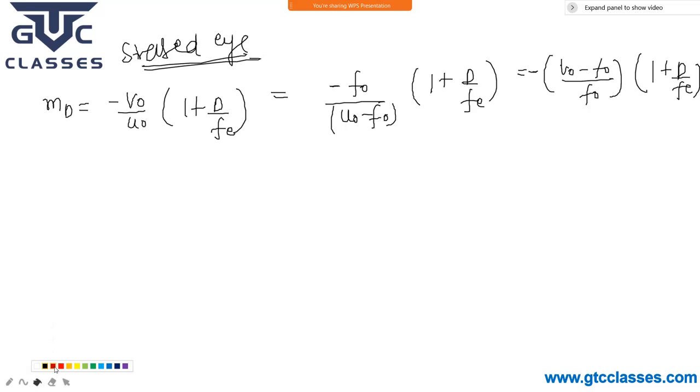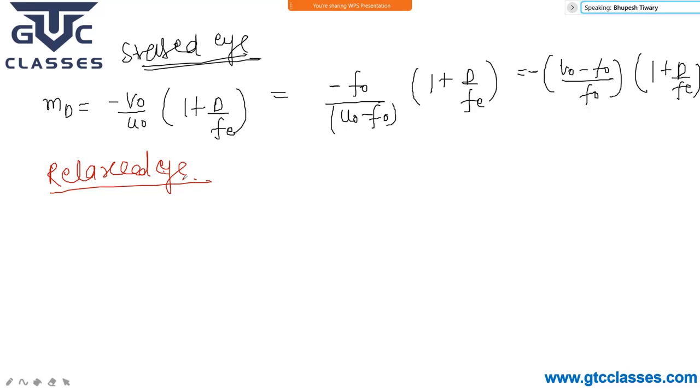Next comes the relaxed eye. Correct? What are the changes for the relaxed eye? Are you getting all this? What we are doing? Yes, sir. Any doubt, please do ask. Relaxed eye is nothing but M infinity we say, because the final image is getting formed at infinity. Everything remains the same, only this will become D upon Fe.